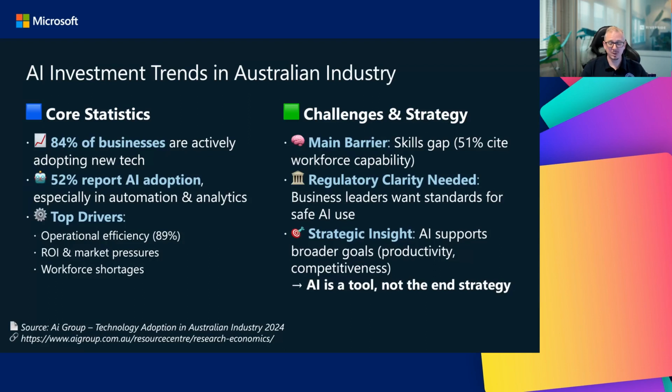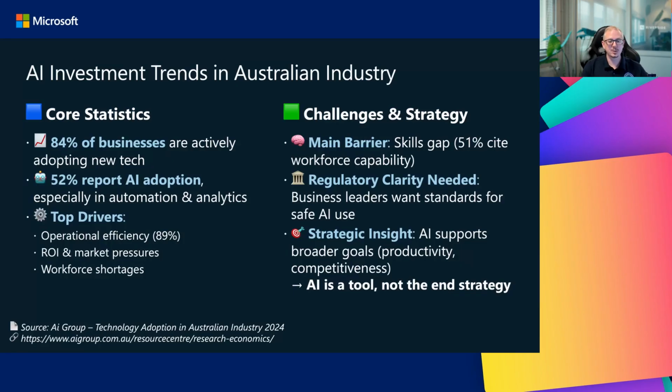As we've already spoken about, many businesses still want regulatory clarity. They want to know how to use AI safely, but also what safe AI actually is, what the government's role is in determining this, and what resources are going to be made available to help them do this properly.